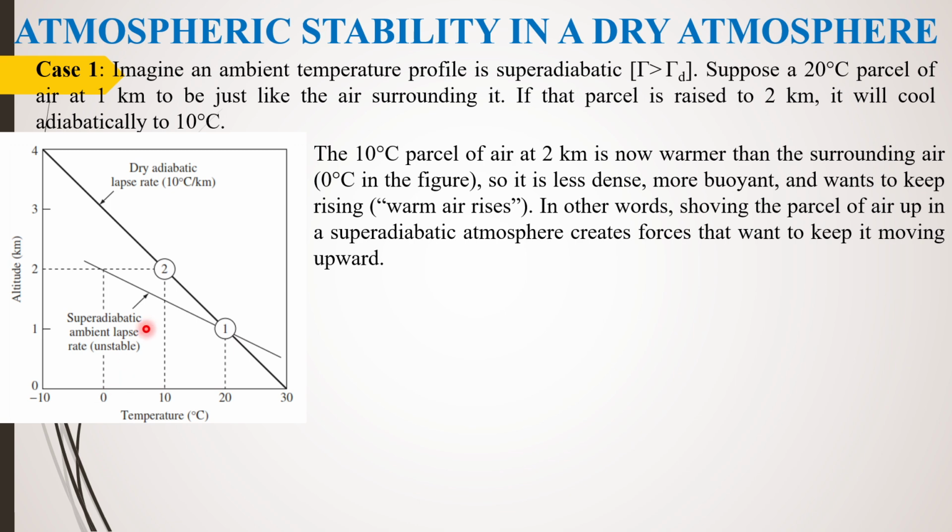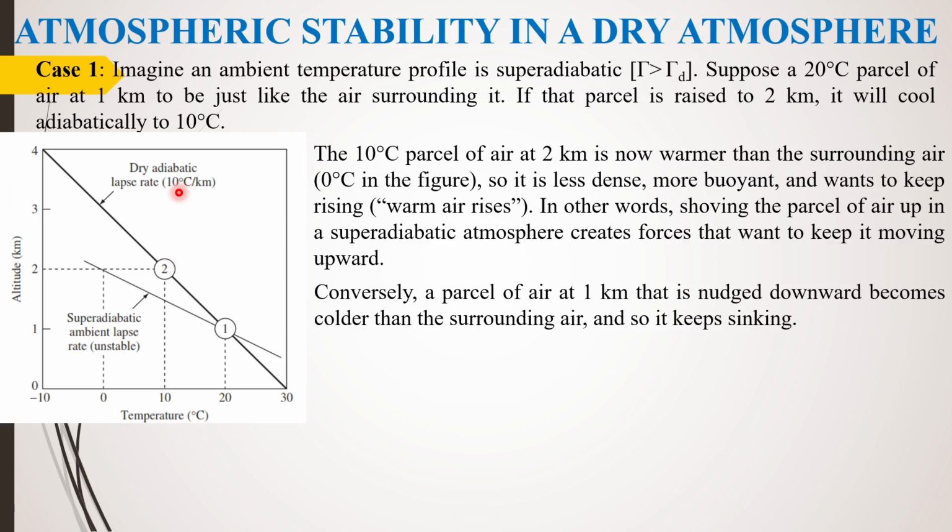So it is less dense, more buoyant, and wants to keep rising. So in other words, shoving the parcel of air up in a superadiabatic atmosphere creates a force that wants to keep it moving upward. Conversely, a parcel of air at 1 kilometer that is nudged downward becomes colder than the surrounding air, and so it keeps sinking.